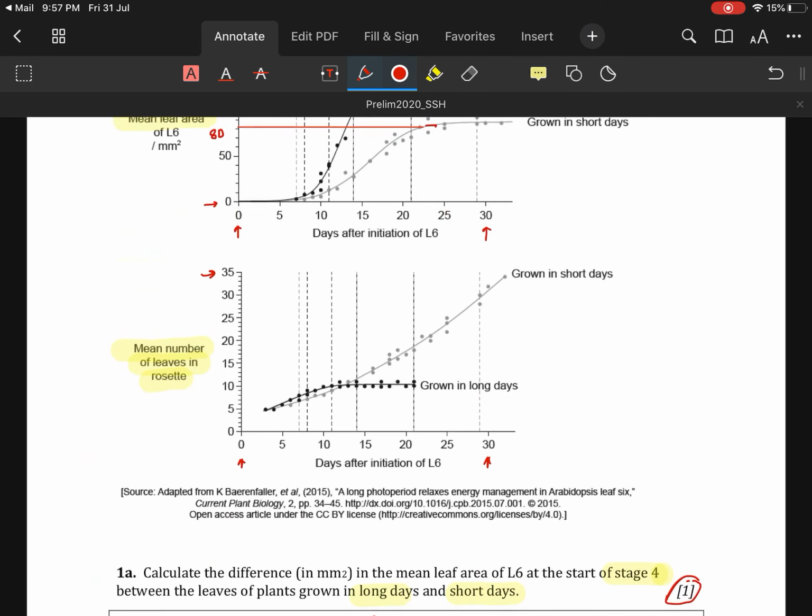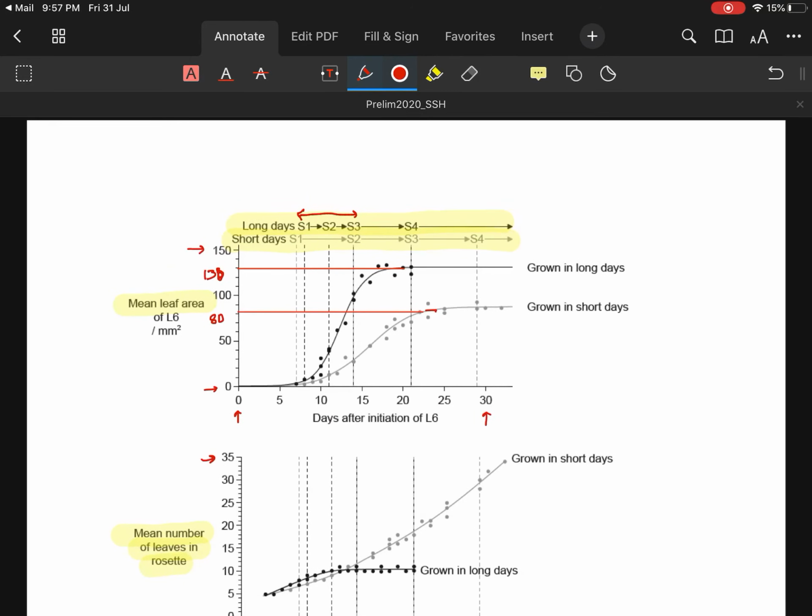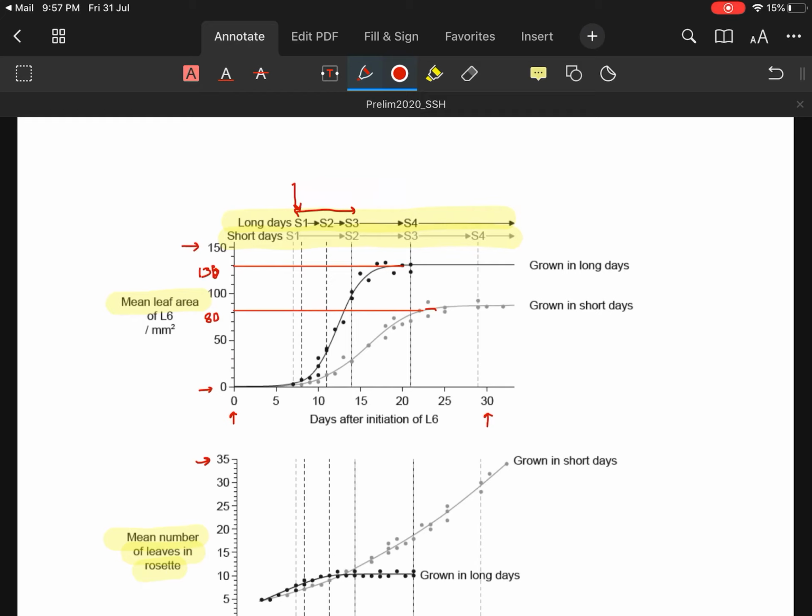Another thing you can look at here, there are many other points, 2 points I have given, but just to tell you, the S1 stage in long day plants is reached later in long day plants than short day.